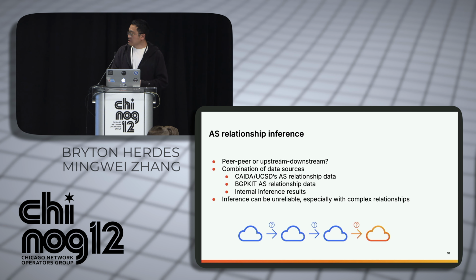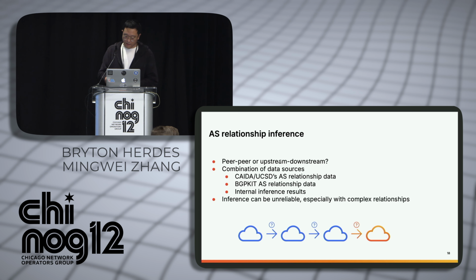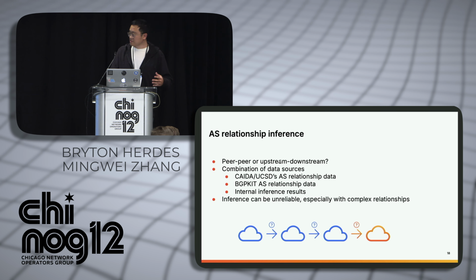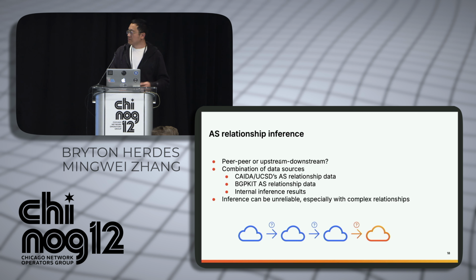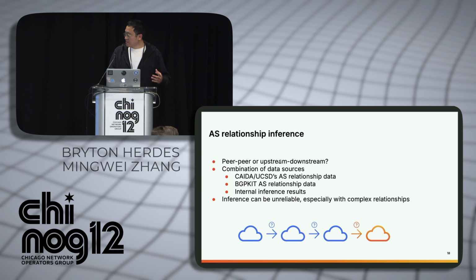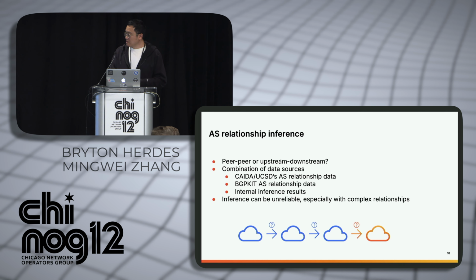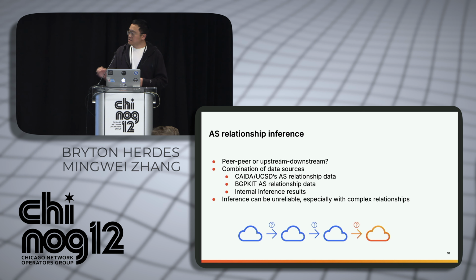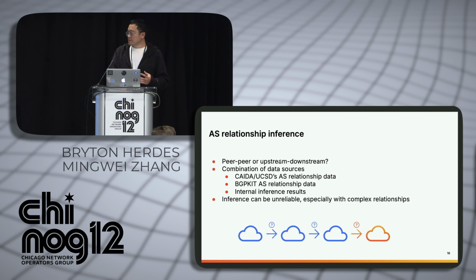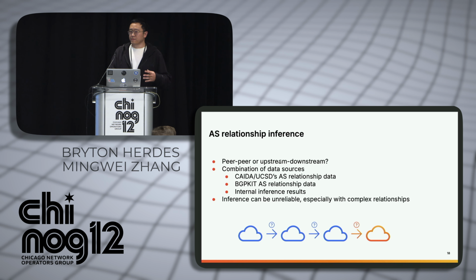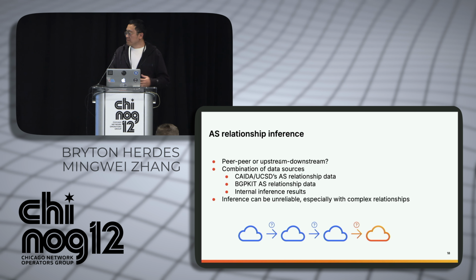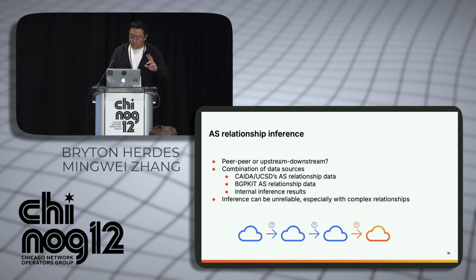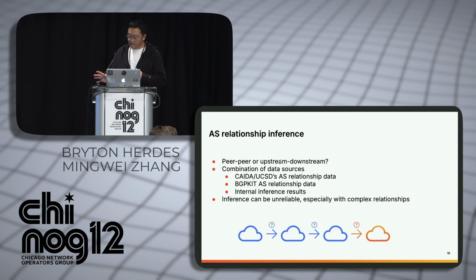UCSD CAIDA is a research lab that has been operating for years and years, and they have AS relationship inference data going back years, and it's still ongoing. That data is very valuable. There are some drawbacks, because every single pair of ASes can only have one relationship, which is a noticeable drawback in this context.